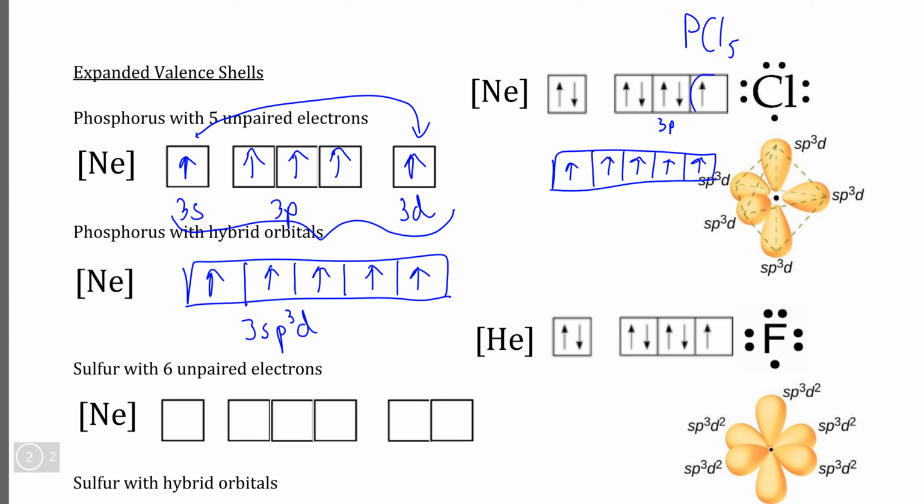So, chlorine can take its unpaired electron in its 3p subshell and form a bonding pair with one of the unpaired electrons in phosphorus's hybrid 3spd or sp3d subshell. And right there is a bonding pair. And again, when this electron pairs with one of phosphorus's electrons, that results in a sigma bond being formed because phosphorus's unpaired electron came from a hybrid orbital here.